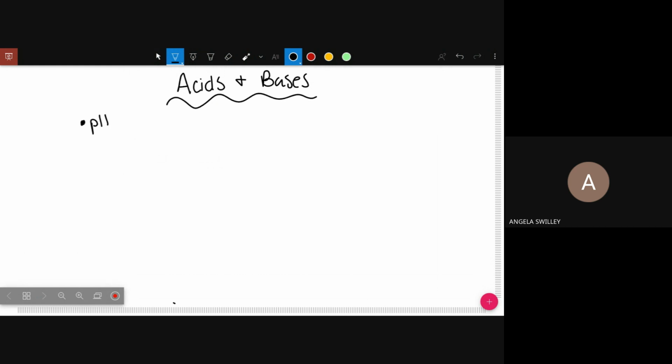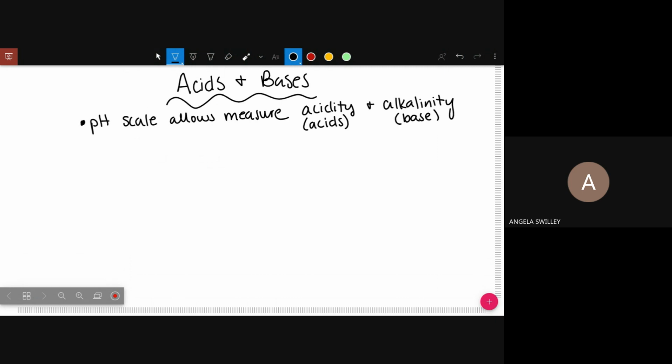The pH scale helps us measure acidity, which is how acidic something is, and alkalinity, which is how basic something is.